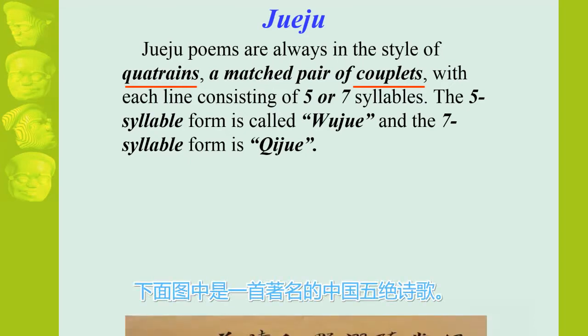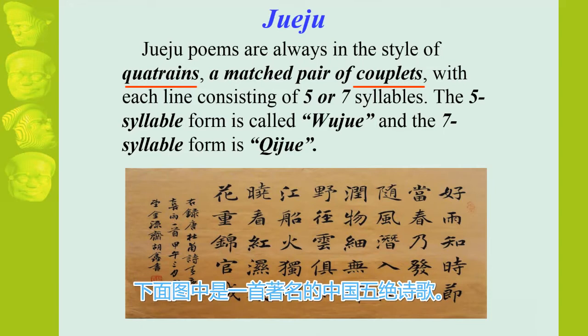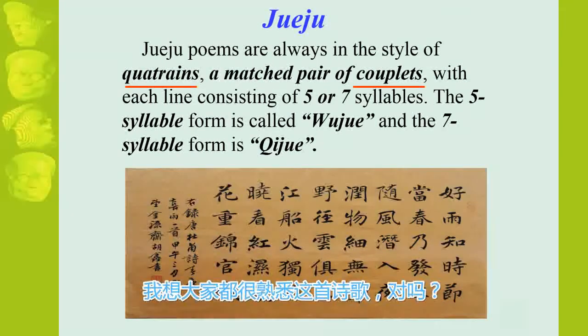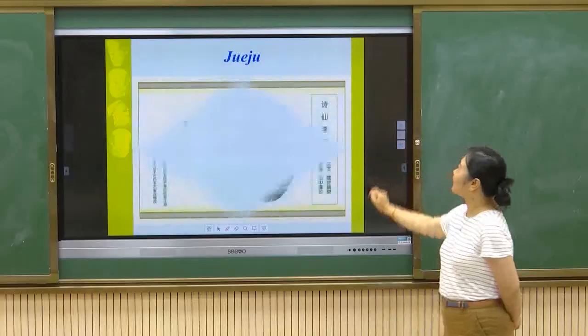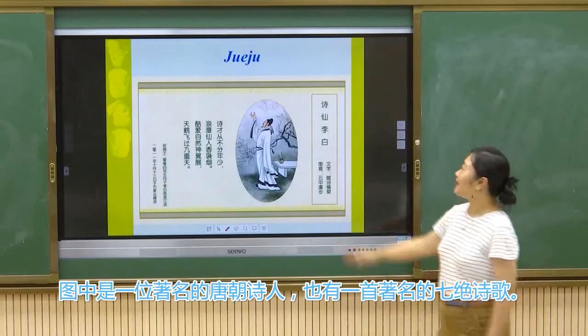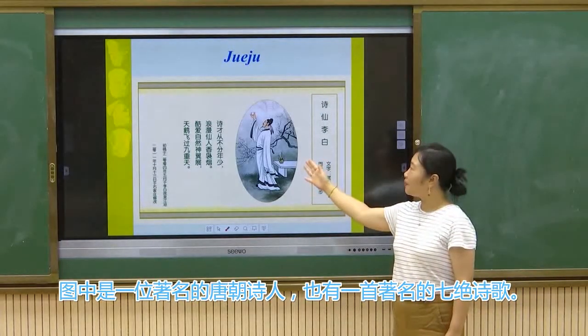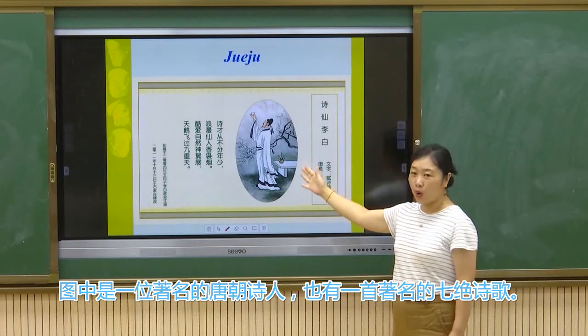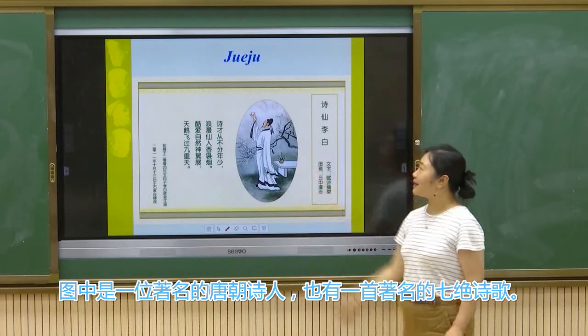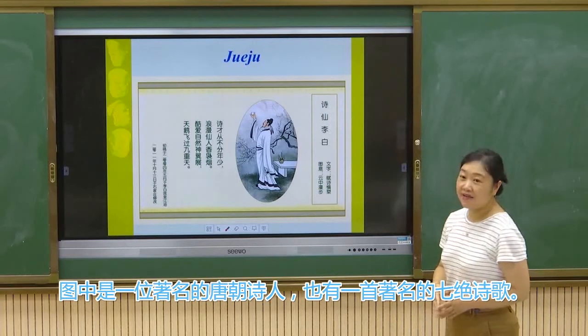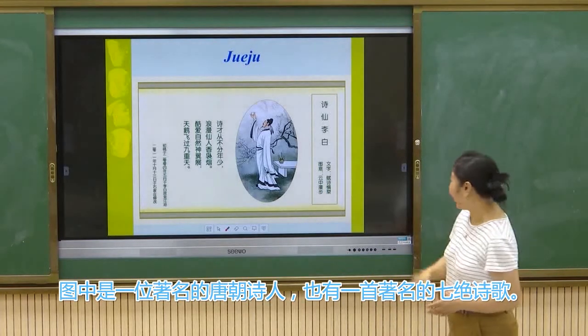And here, this is a very famous Chinese 五绝 poem. I think all of you are familiar with this poem, right? Yes. And this is a very famous Chinese poet. And this is a typical 7-syllable form.